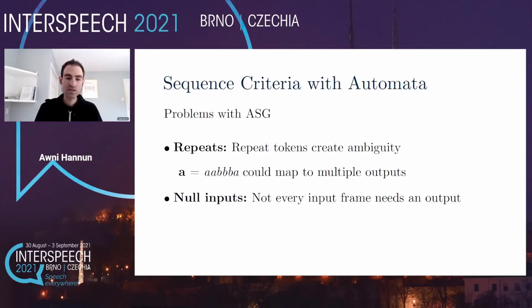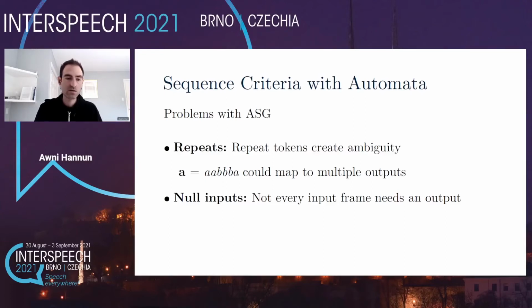The other problem with ASG is that in certain cases, I might like to represent the fact that an input frame doesn't necessarily need to correspond to an output in the alignment. So far, we've been showing that every input has to correspond to some output alignment token. But sometimes it's nice if there's a way for an input frame to not correspond to an output token.